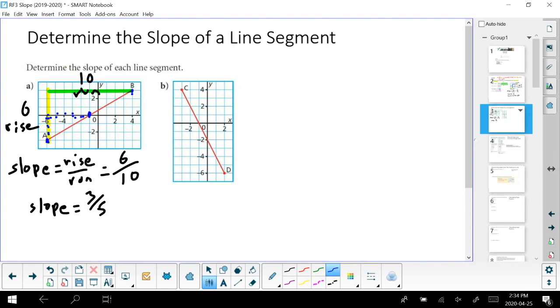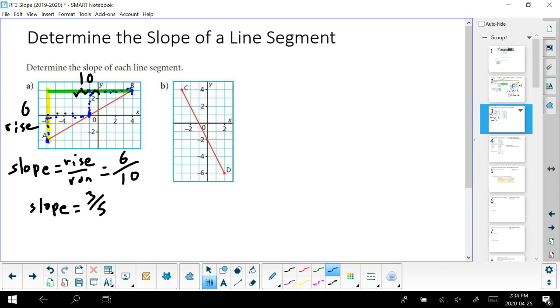If I continue to do the same thing, move up 3 and 5 to the right, you'll notice that we eventually end up at point B. So the slope allows us to find another point on the line that is a lattice point. We're going to try not to have too many decimal points. It makes things a little more complicated, especially if it's not a nice interval like a whole number or even 0.5. Okay, so your slope for that first example is 3 over 5.